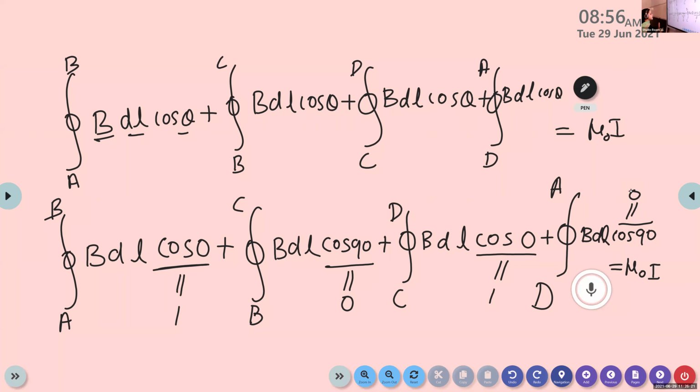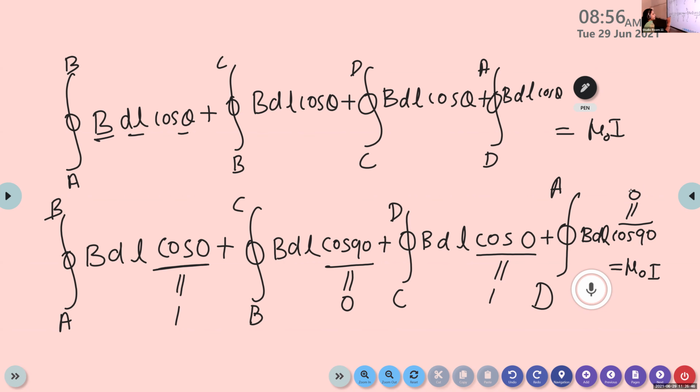So from this, it is clear that two terms are cancelled. What are the two terms cancelled from this equation? Integral B to C, B dl cos 90, and one more term, integral D to A, B dl cos 90.